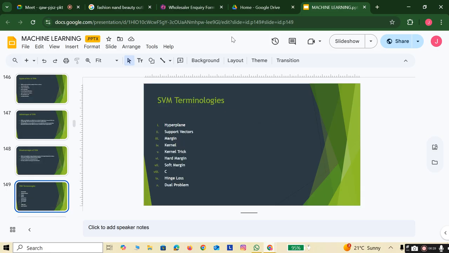I wanted to get these terminologies into your brain RAM: hyperplane, support vectors, margin, kernel, kernel trick, hard margin, soft margin, C, Hinge loss, and dual problem.